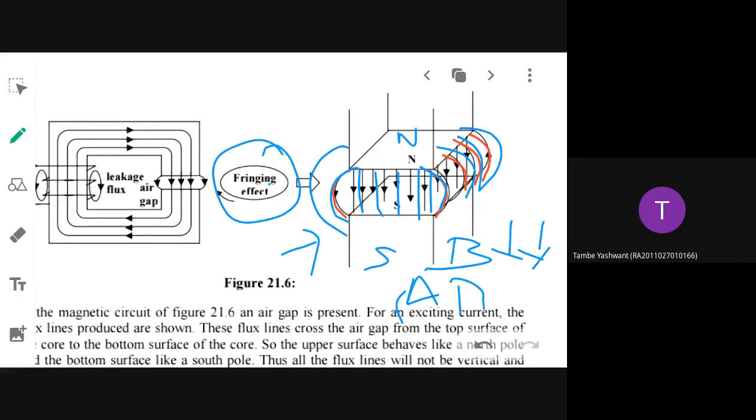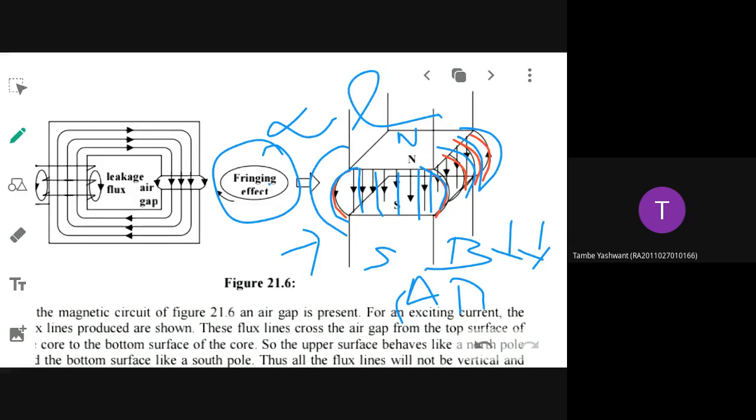That is a drawback actually. Flux density should not be reduced, it should be high. Plus, this fringing is also directly proportional to the length of the air gap. So, higher the air gap, it will affect the fringing phenomena more. So, the air gap dimension should be chosen accordingly.